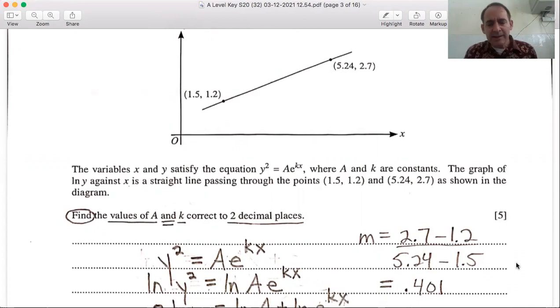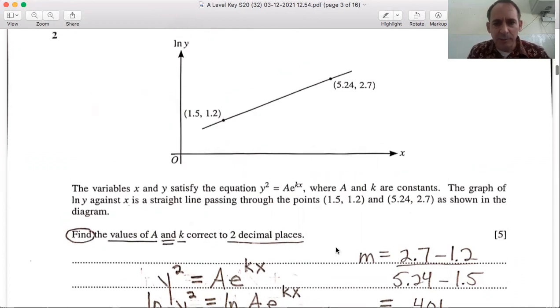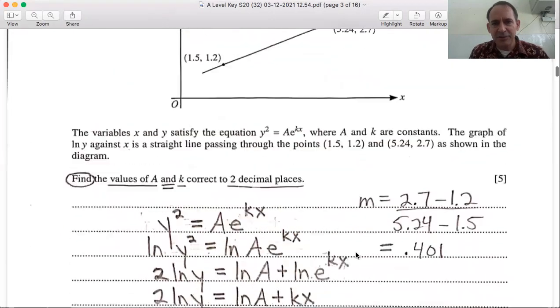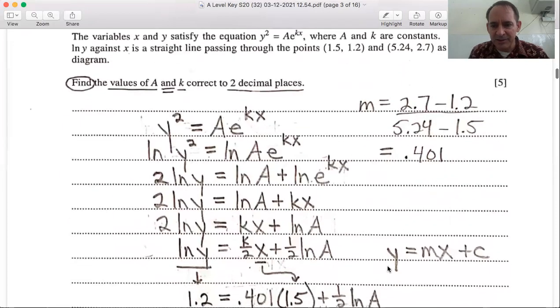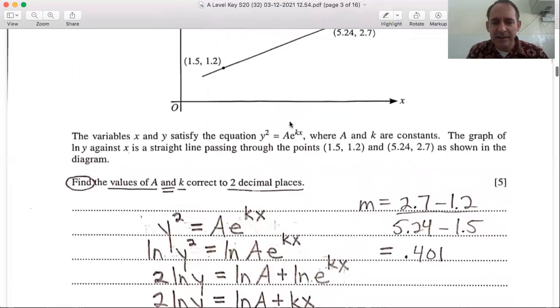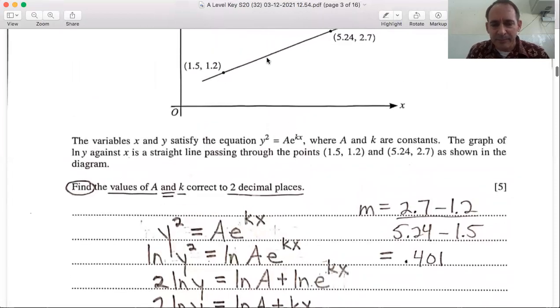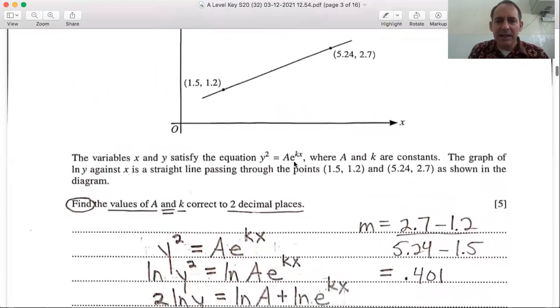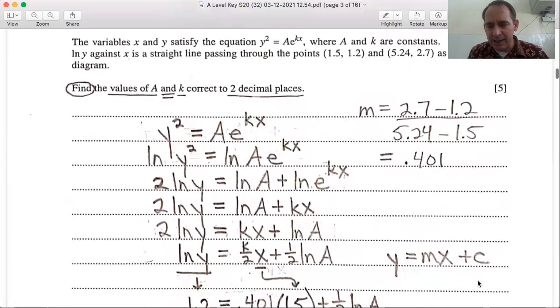Now this one is a little bit tricky. Normally you can do one of two things. You can either work from the line, that is the y equals mx plus c, and work to the equation that you want to develop, this equation being the equation that models your original data points, or you can start with this equation and work your way to the straight line.